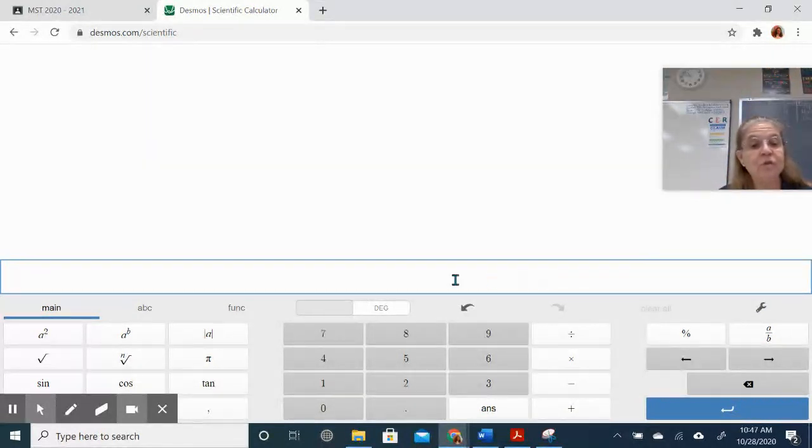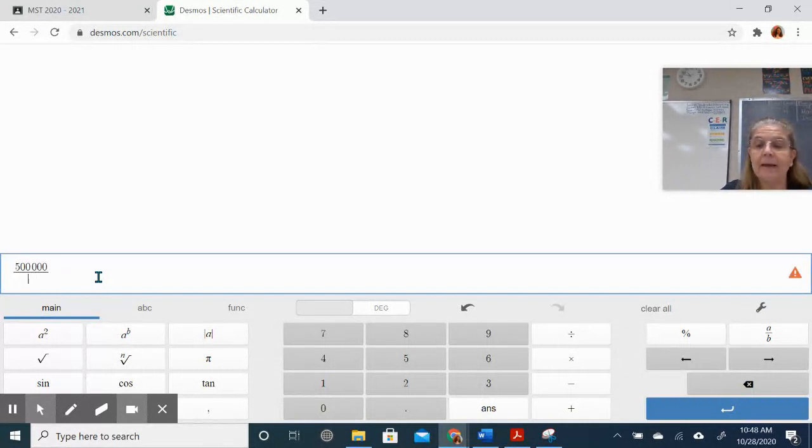So I do know that the 500,000 needs to be divided by, and I'm going to put a lot of stuff in here.